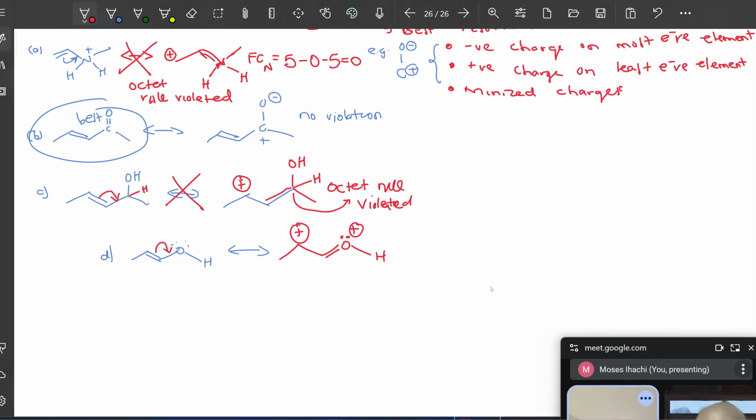Exactly. 1, 2, 3. Let's see. The lone pair is here. I'm doubting if we'll have that plus charge. Formal charge on oxygen: 6 minus 4 minus 2, it's a negative. I know it's the wrong thing, but I just like to account for everything. So again, here the octet rule is violated.